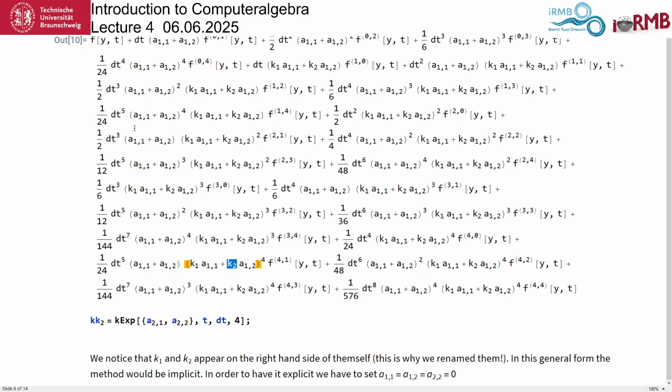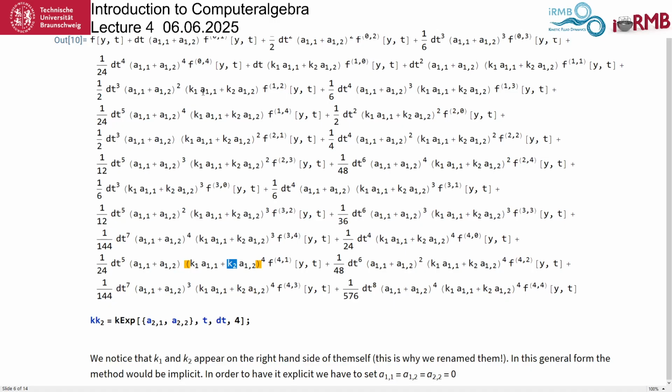So the so-called explicit Runge-Kutta methods, the ones that you usually learn in your undergraduate class, have the property that by definition everything where the first index is smaller or equal to the second index is set to 0.